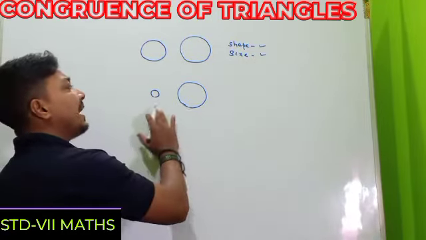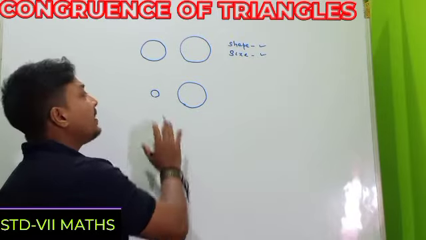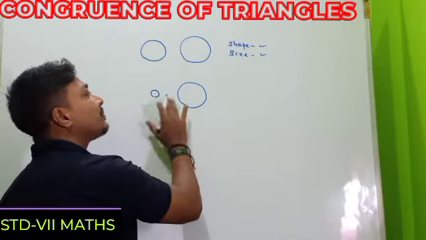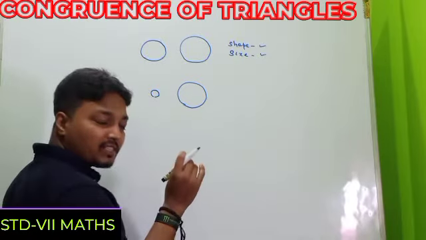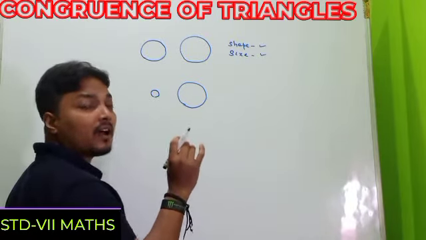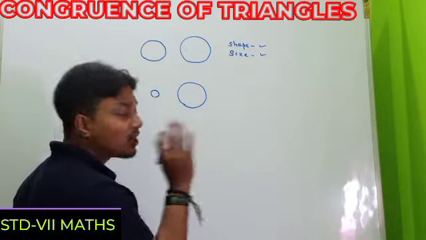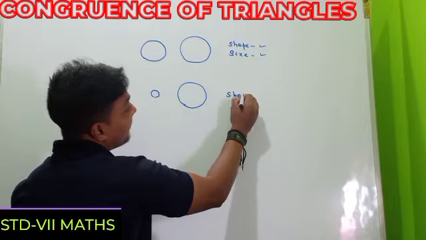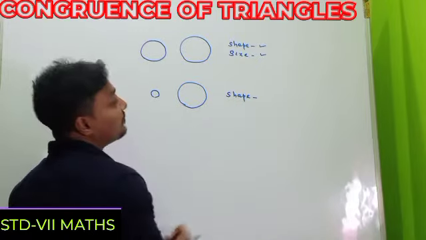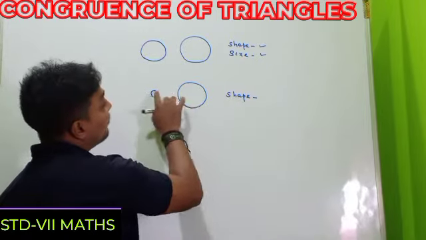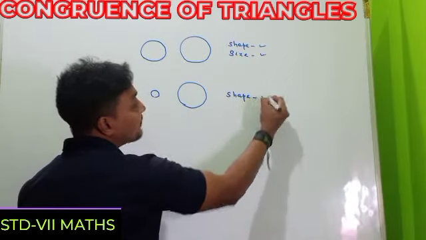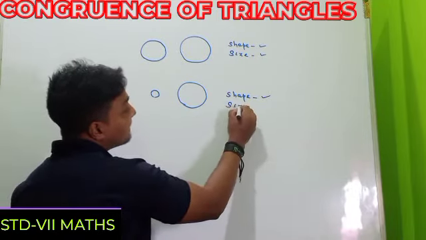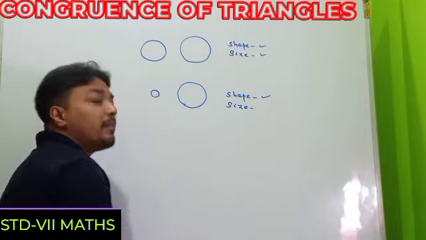Remember, here is another example where I kept one pair of circles. As I said, the name of the shape is circle, so it is clear from this pair of figures that both have the same shape. Now I am talking about the size.